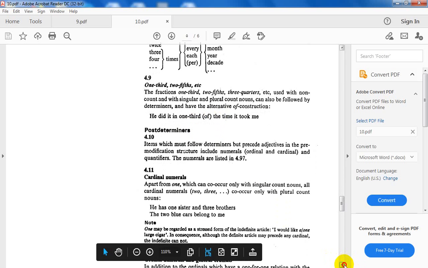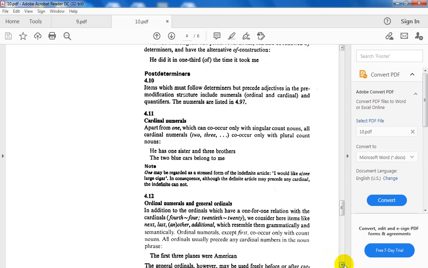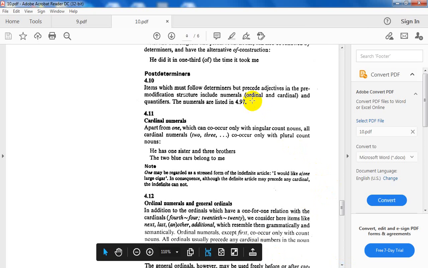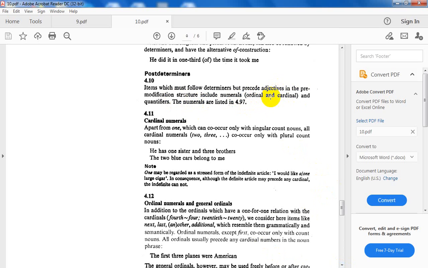Move to the post determiner, which, if you remember, we said includes the ordinals and quantifiers. It comes after the determiner. Post means after. Items which must follow the determiner but precede the adjective in the pre-modification structure include numerals and quantifiers.